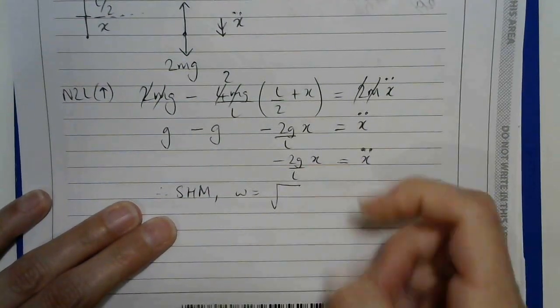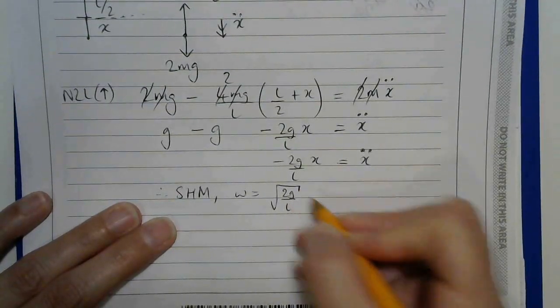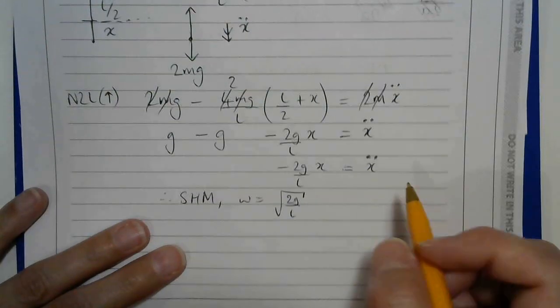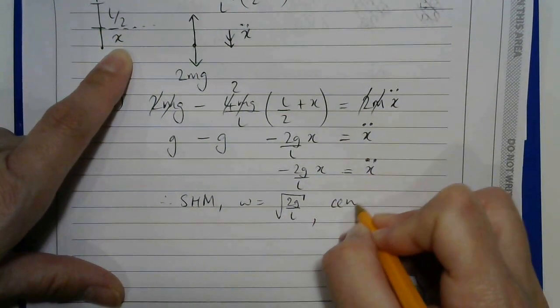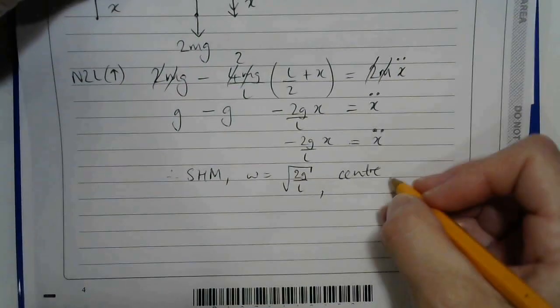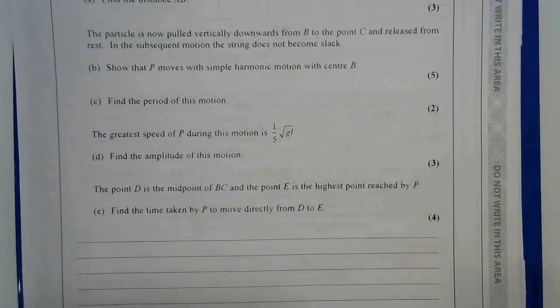Omega will be the square root of whatever is written next to the x, and the center will be B because this is where I measured x from. They said center B, yes, center B. Okay, so that is part B for 5 marks.